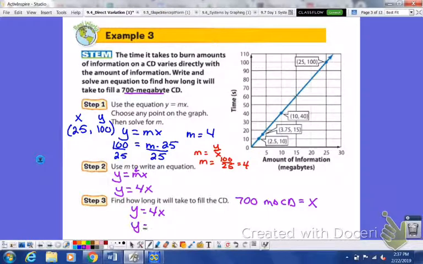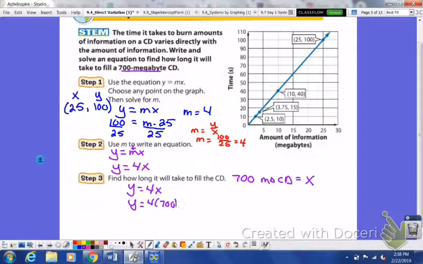So y equals 4 times 700. 4 times 700 gives us 2,800. So that tells us it would take 2,800 seconds to fill a 700 megabyte CD.